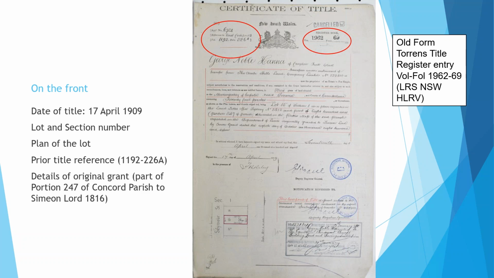If I wanted to go back and find out what happened before George Noble Hanna takes out this title in 1909, I can go back to the HLRV, put in 1192-226A, and it will show me the previous certificate of title. So write that number down. Now, before we move on, we're just going to look at the next page over.